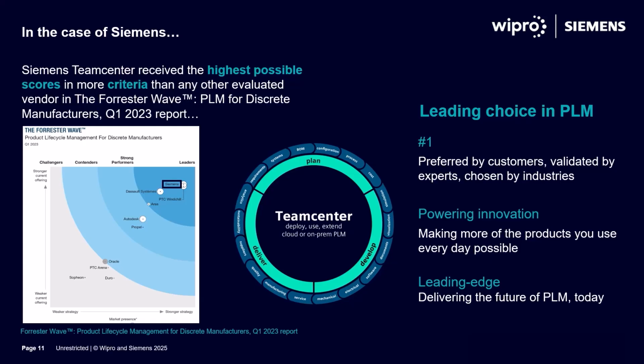The Forrester Research Evaluation gave Teamcenter the highest possible scores across 23 criteria, including above par scores for vision and product roadmap, and areas like requirement management, design management, bill of material management, manufacturing process planning, digital twin, simulation, and the list goes on and on. The Forrester report also noted that Siemens has deep international experience in product lifecycle management.